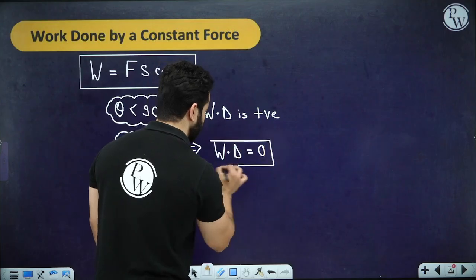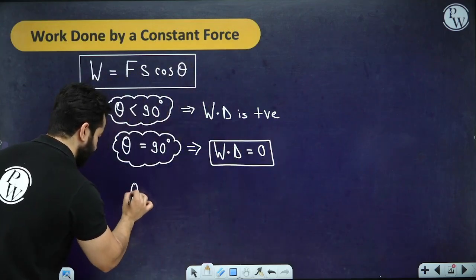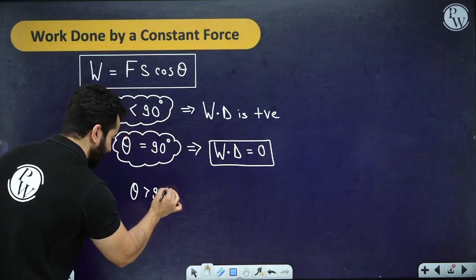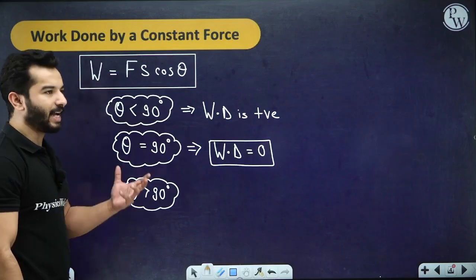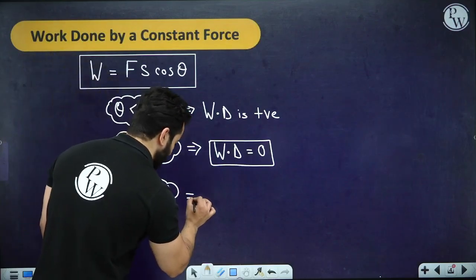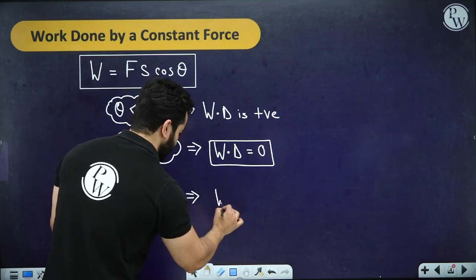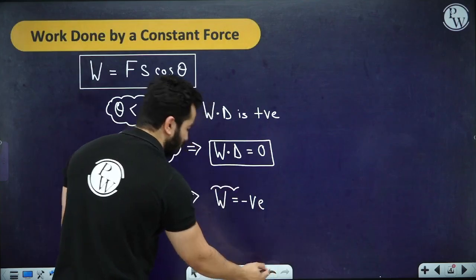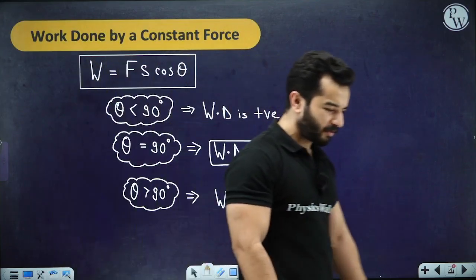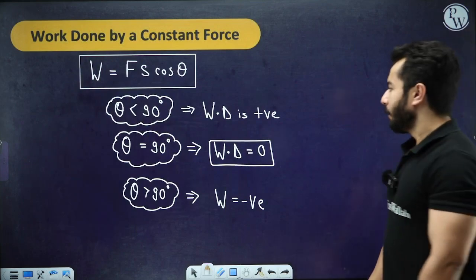This is an important case. And if theta is greater than 90 degree, that means the angle between the force vector and the displacement is obtuse, then we are going to say that the work done is negative, right?